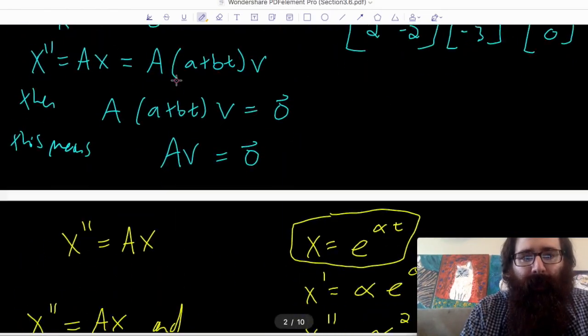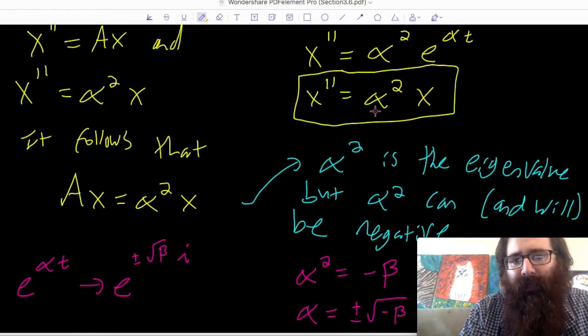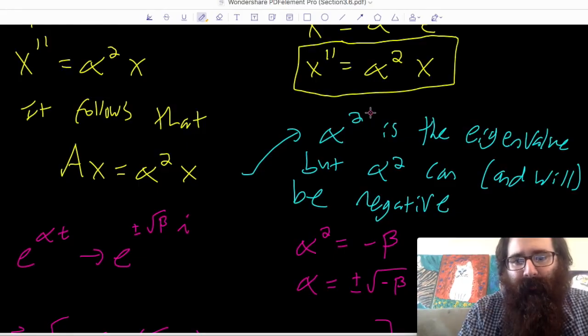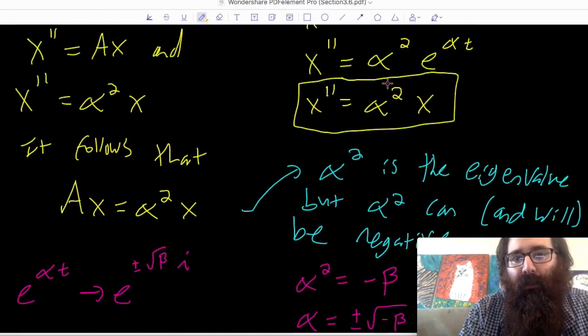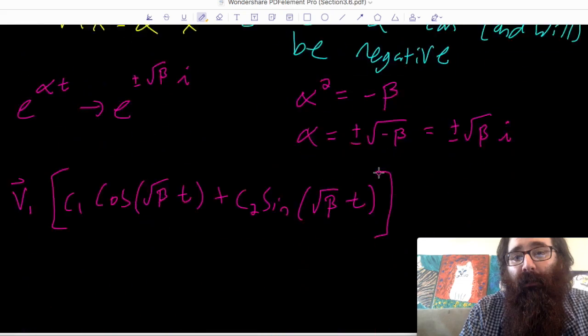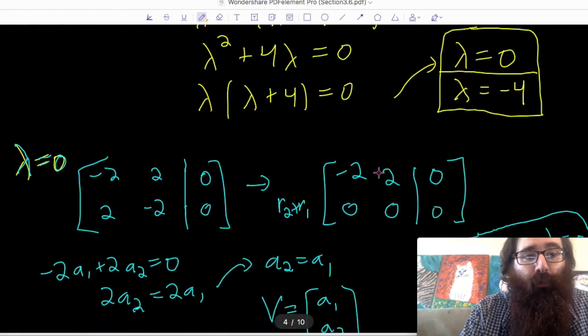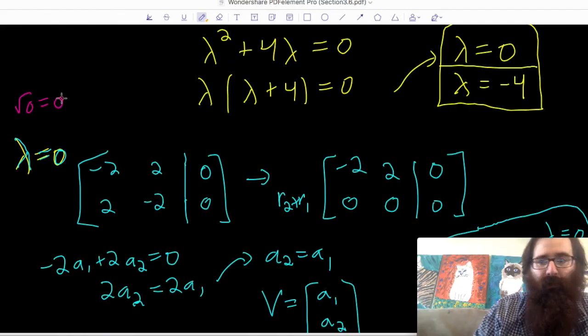Whatever my eigenvalue is, to return to my solution, I have to be taking square roots of that. And here with 0, the square root isn't very exciting. Square root of 0 is 0.